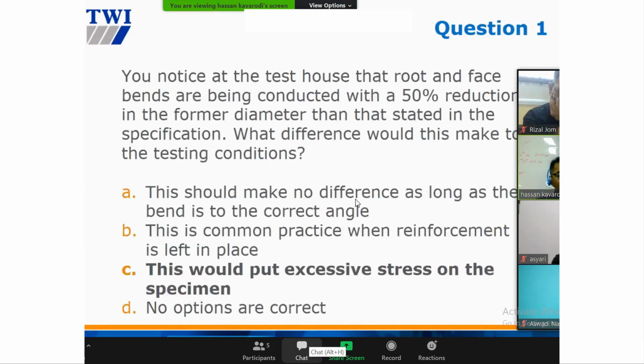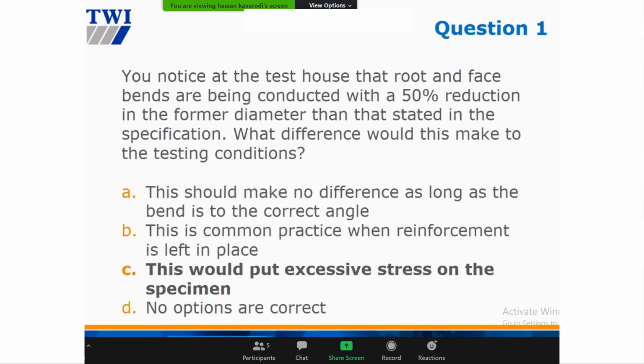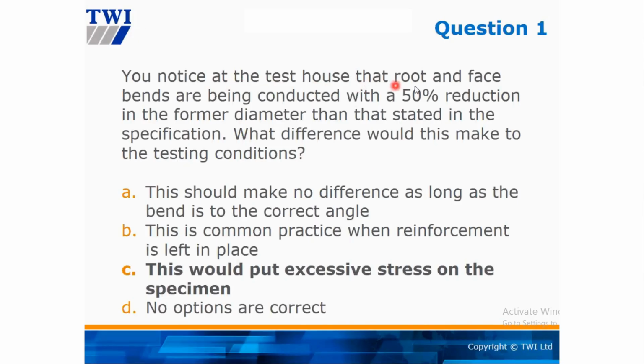Now look at question 1. You notice the test house root and face bend are conducted with 50% reduction. So they request normally 4T.